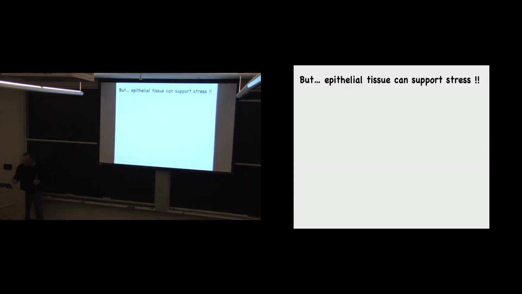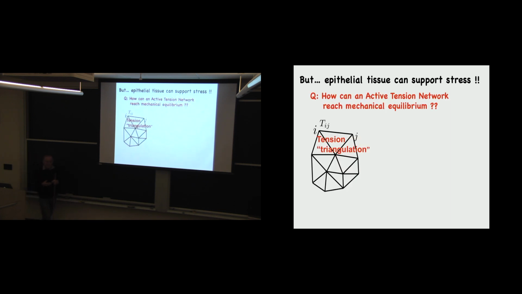And then the question is, well, there are epithelial cells on my arms here, and they're not really dripping off me. Somehow we think that epithelial tissue should be able to support stress. But in order to support stress, tensions have to triangulate.